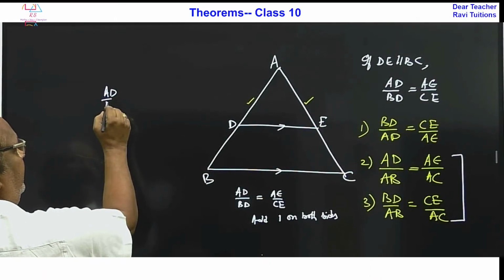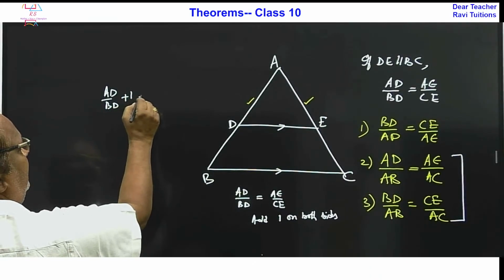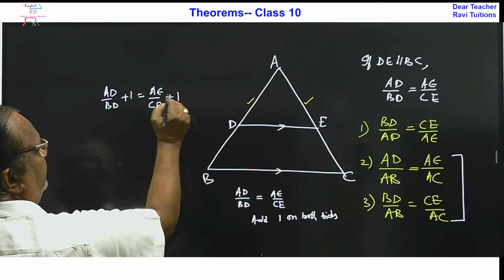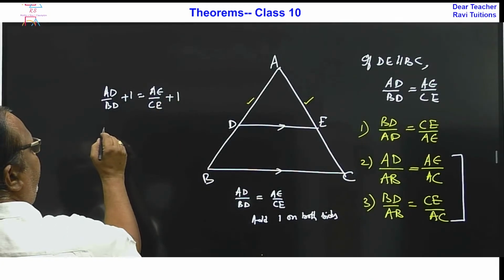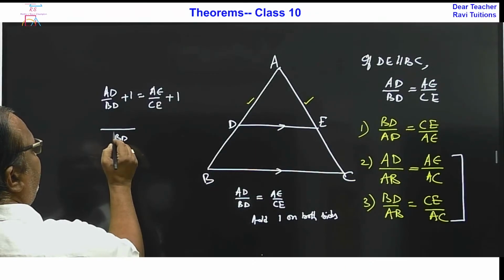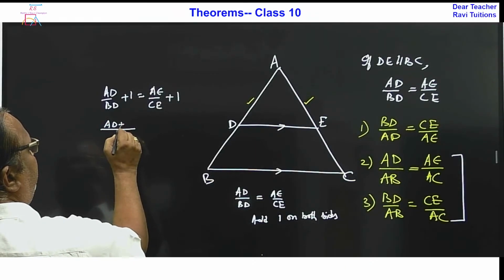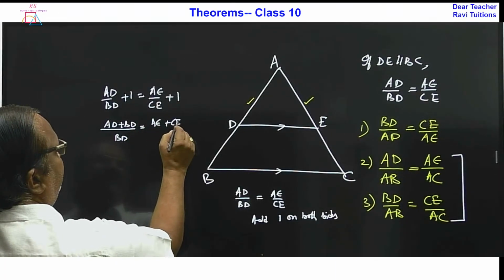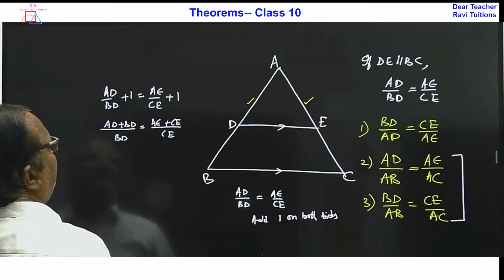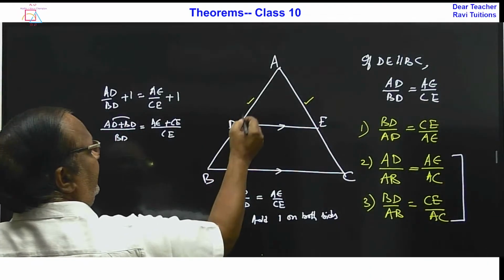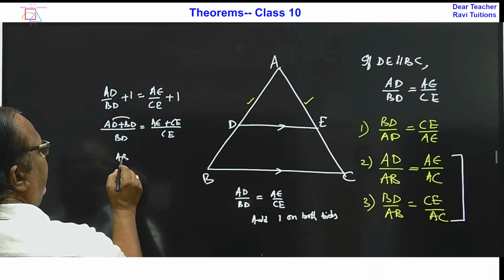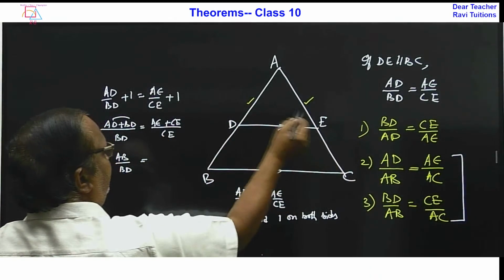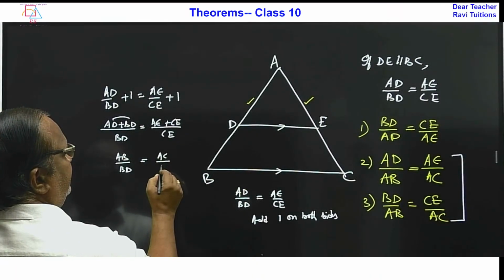AD by BD plus 1 is equal to AE by CE plus 1. Now if you take the LCM, BD will be the LCM. So AD plus BD by BD is equal to AE plus CE by CE.